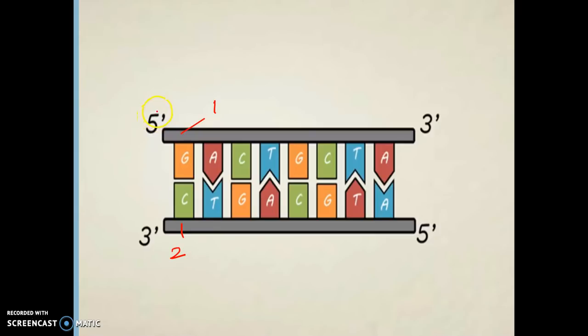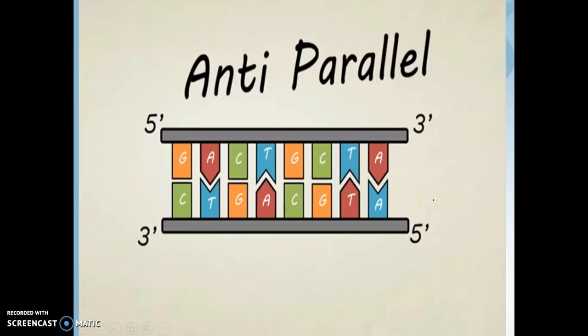One strand of DNA runs from 5' to 3', and the other complementary strand runs from 3' to 5', and that's why it is called anti-parallel. These 2 strands have different sequences of nitrogenous bases. Guanine pairs with cytosine and adenine pairs with thymine.